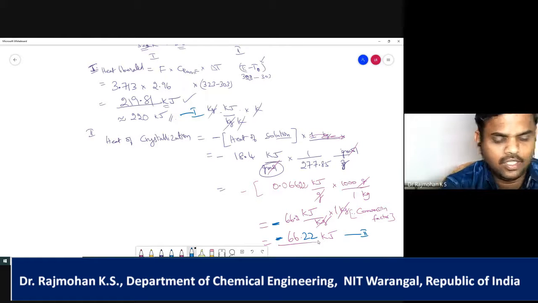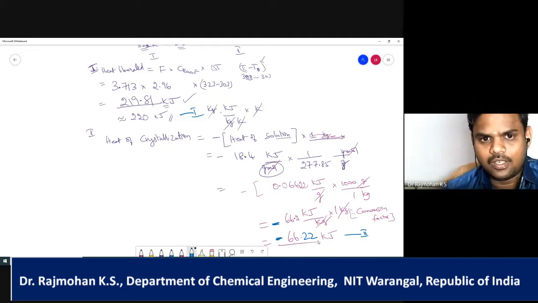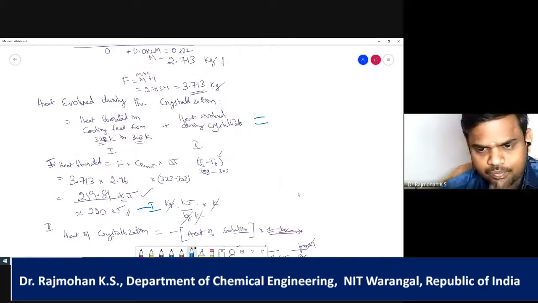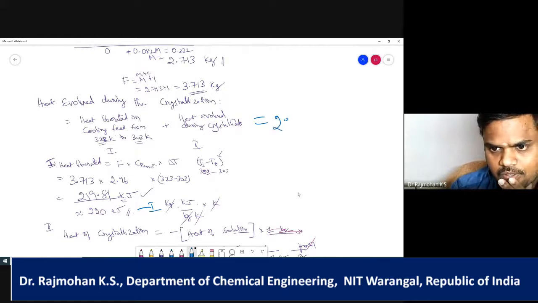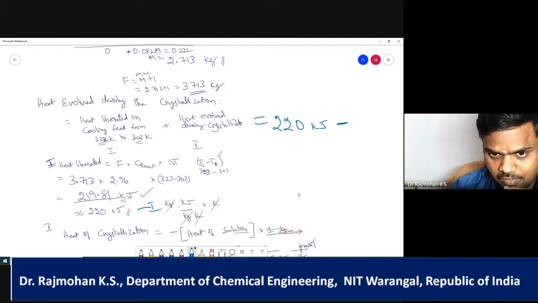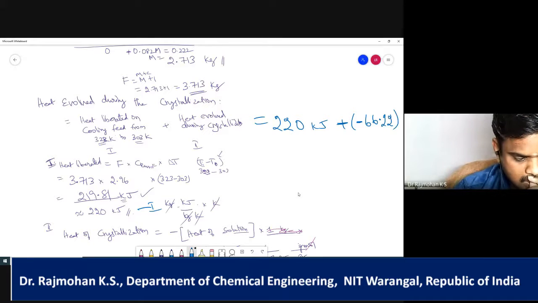Heat evolved during the crystallization is equal to 1 plus 2, which is 220 kilojoules, plus, actually we'll put plus but substitute with a minus sign, minus 66.22. Okay.